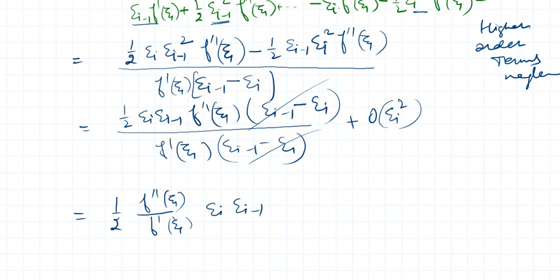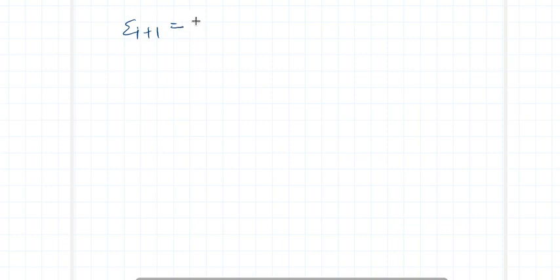So what we are getting now is that ε_{i+1} is equal to 1/2 f''(ξ) over f'(ξ) times ε_i and ε_{i-1}. That's what we are getting now.